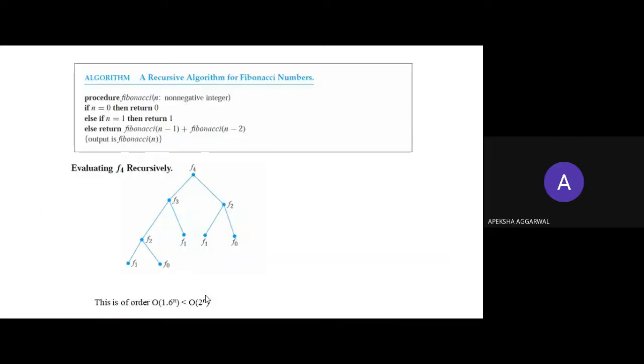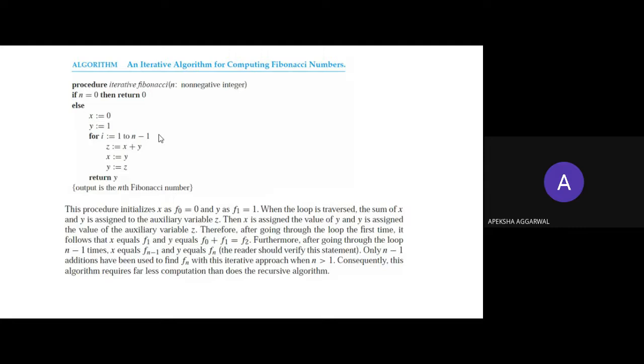Okay. So this is the recursive algorithm for Fibonacci, where you keep on calling the Fibonacci function. And second is your iterative algorithm where you use loops. Okay, so it is said that recursive algorithms take memory space because you are storing an image of the function every time in the memory, right?